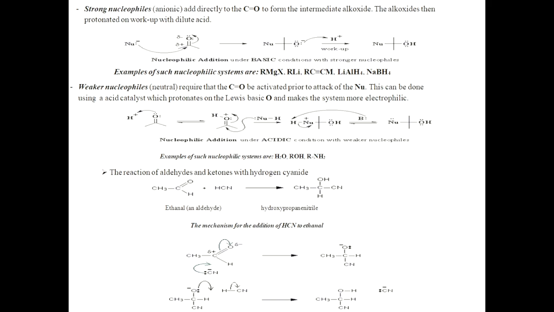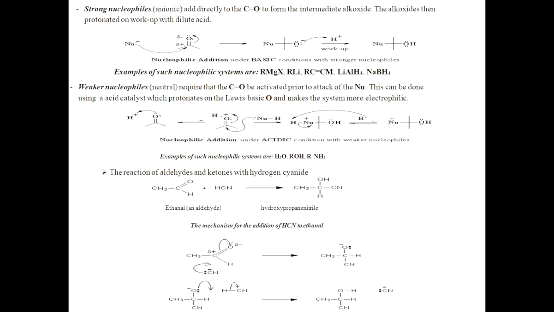Now, weaker nucleophiles will require the carbonyl group to be activated prior to attack. A weak nucleophile cannot attack directly, so the carbonyl group needs to be activated, or we can say polarized, before it undergoes nucleophilic attack.